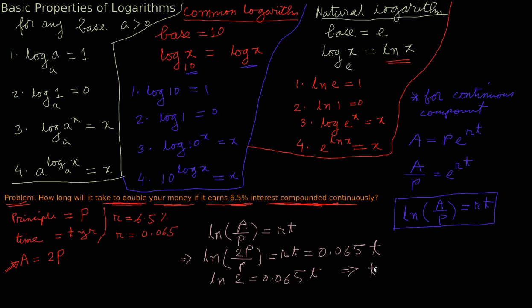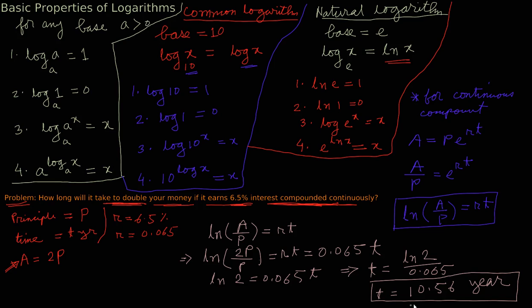So my T is going to be the natural logarithm of 2 over 0.065, and if you punch it into the calculator, it turns out that T is approximately 10.66 years. Sorry guys, I made a mistake earlier.